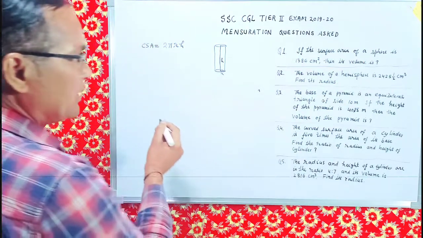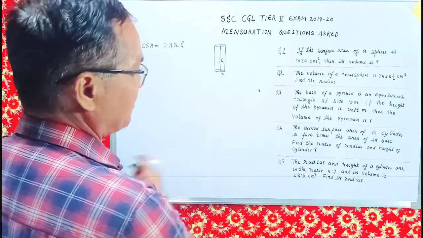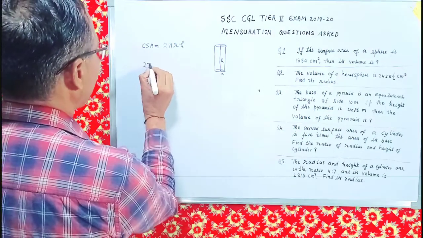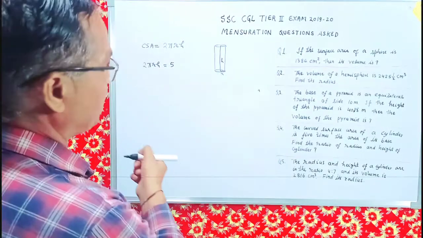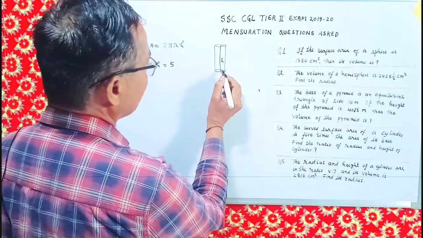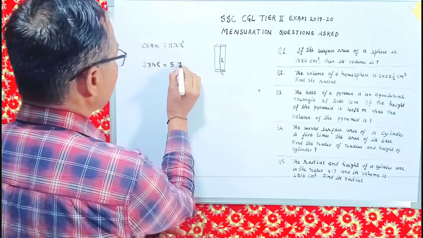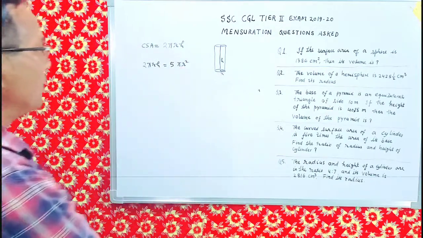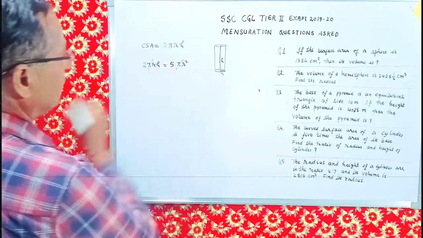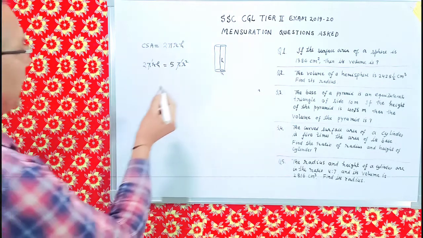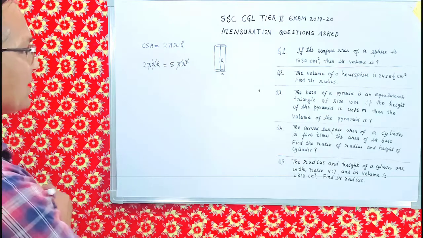So in the question it is being said that curved surface area of a cylinder is 5 times. Means this 2 pi RH is equal to 5 times of the area of its base. Means area of the base is circular and circle area is pi R square. Like this. So by pi we can cut pi, and by this R this power will be cut. So what is left here?